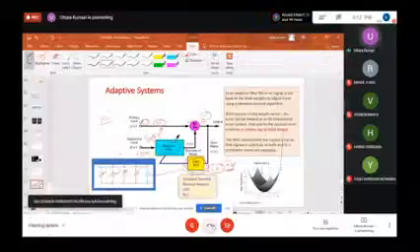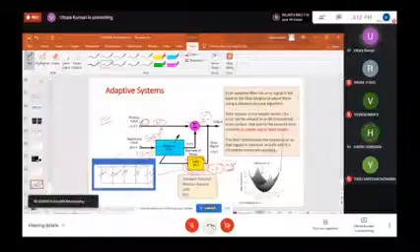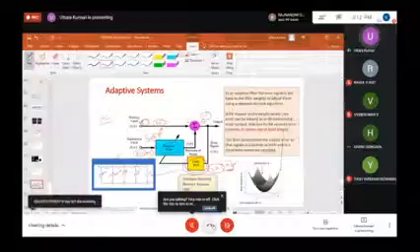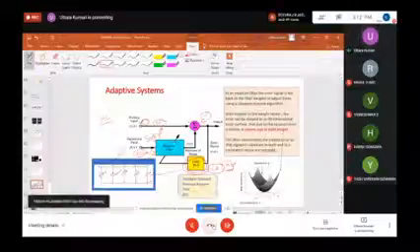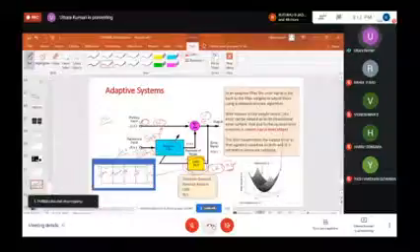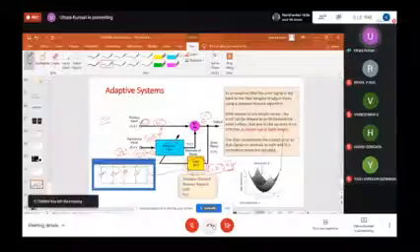Fetal ECG is very feeble, and in the mother there is also thermal noise, fan noise, and all those things. So we take that as signal plus noise. But at the end, only the baby's ECG is required. This is the required signal.